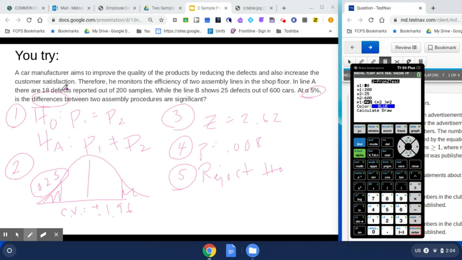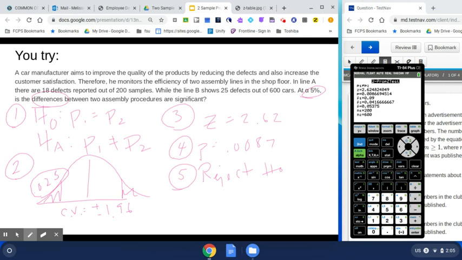In this case, a defect is a success, out of the sample size for each line, A and line B. So 18 out of 200 and 25 out of 600, we are testing a not equal to case. So if we calculate that, that gives me a z-test statistic of 2.62, a p-value of 0.0087.